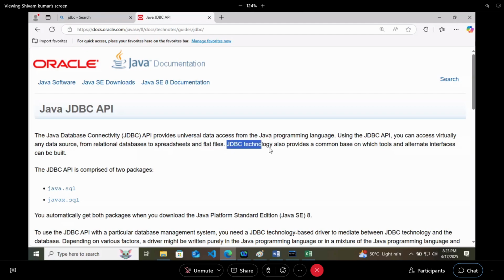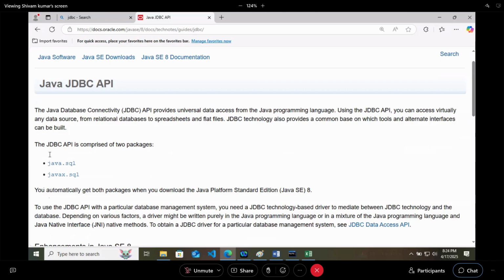JDBC technology also provides a common base on which tools and alternate interfaces can be built. Means you can write some implementation. Generally, we have to implement the interfaces, right? So you can increase the capability of JDBC. Scroll it more.